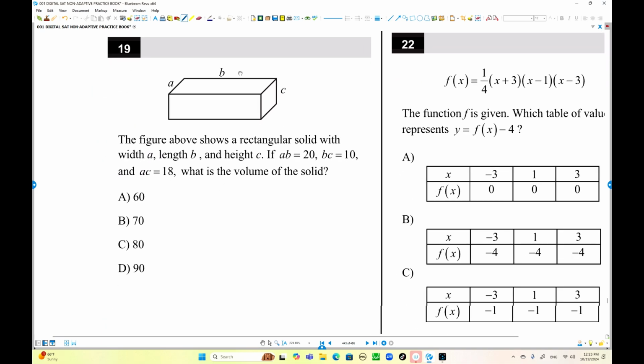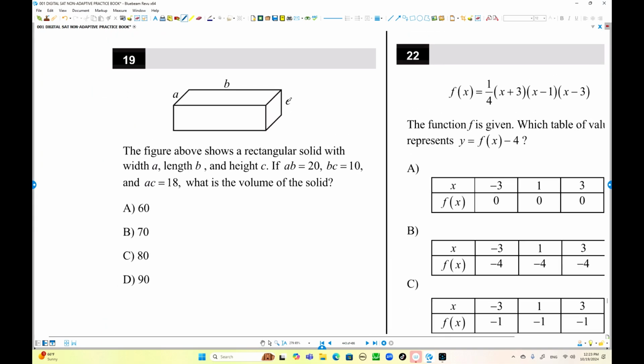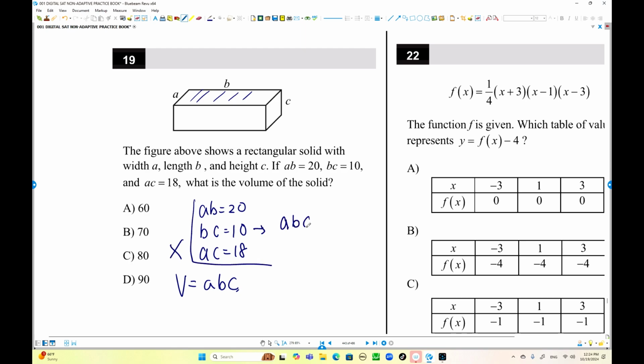Here is number 19. We have a 3-dimensional rectangular solid, which is a prism, right? A times b is 20. That is, this area is 20, so a times b is 20. B times c is 10. And a times c is 18. So what is the volume? Volume is what? A times b times c, isn't it? So when you multiply all together, you get a times b times c, right?